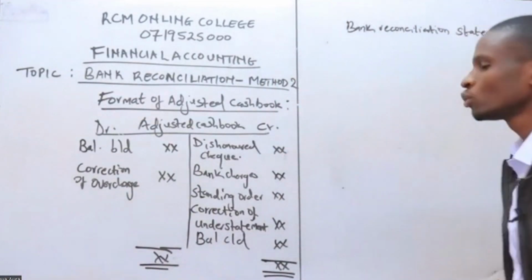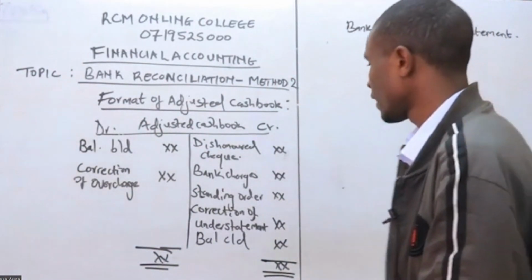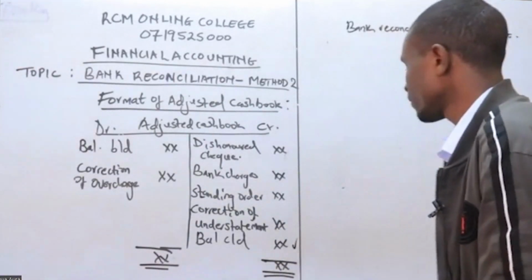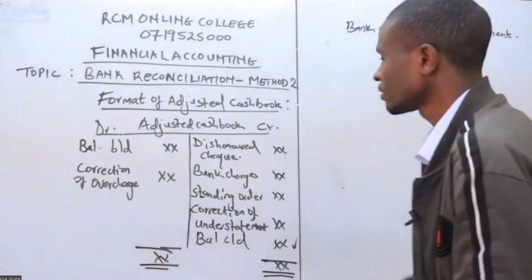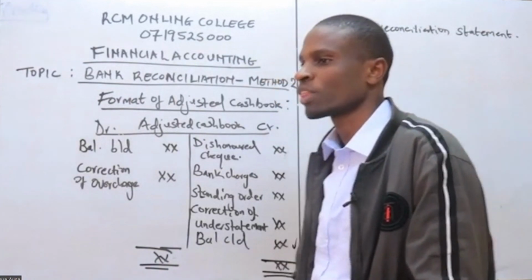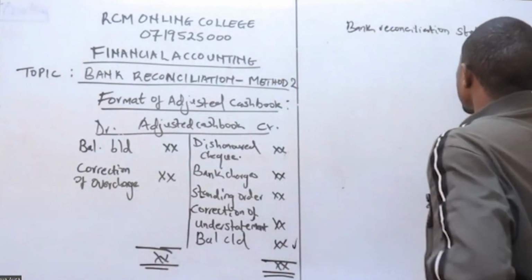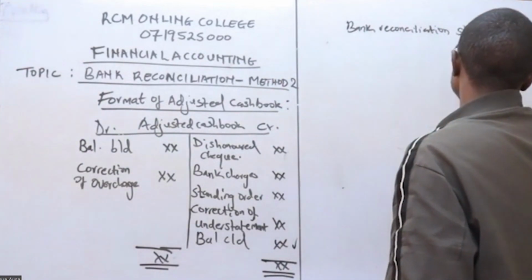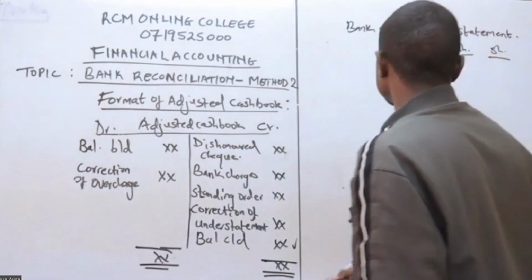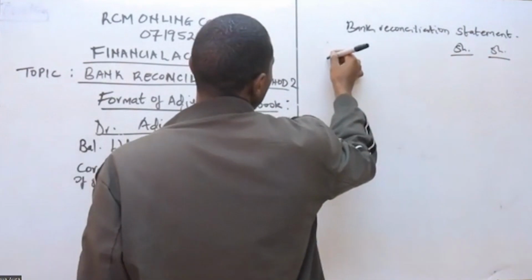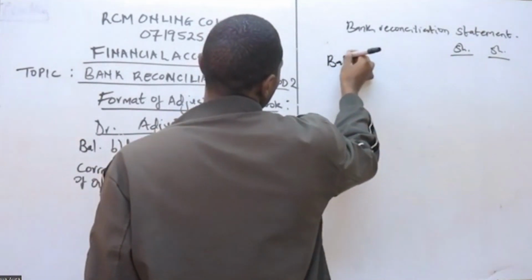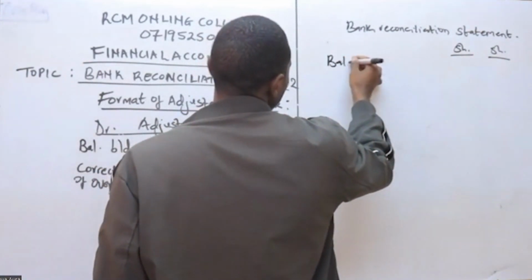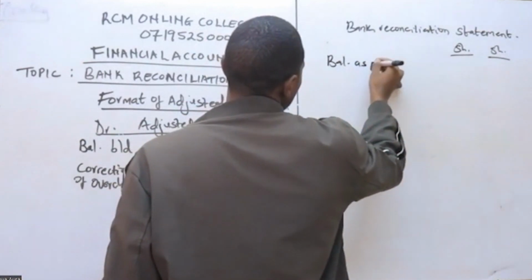Now here we shall do something different, but we shall be getting our balance as per the adjusted cash book. That is the only difference. So what transaction do we use? We shall be having our shillings. So you start with the balance as per the bank statement.